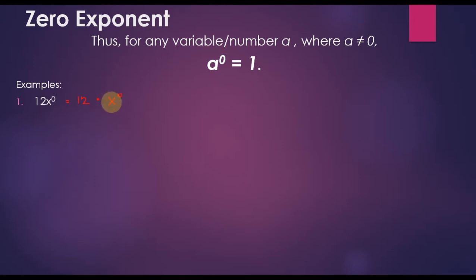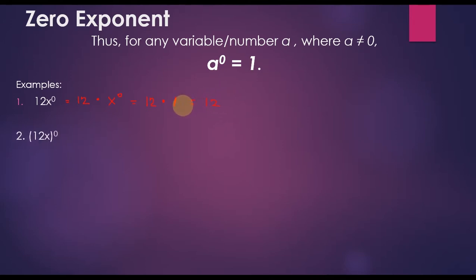So it means we can change this whole expression to 1. This will give us equals 12 times 1, equals 12 times 1 is 12. So this is your answer for example number 1.